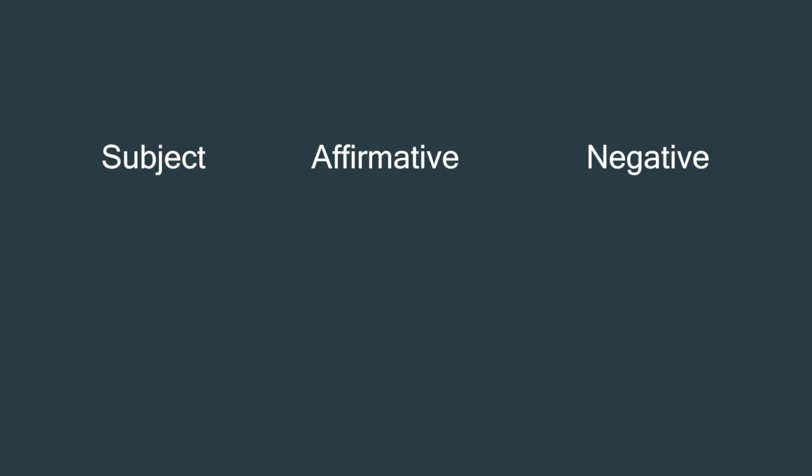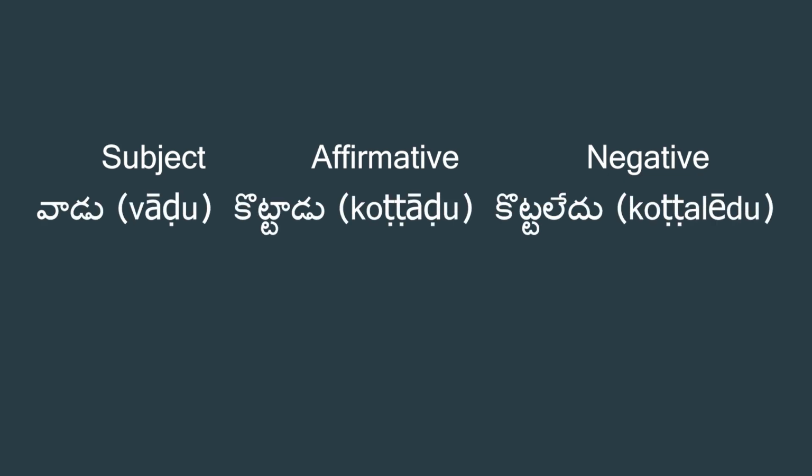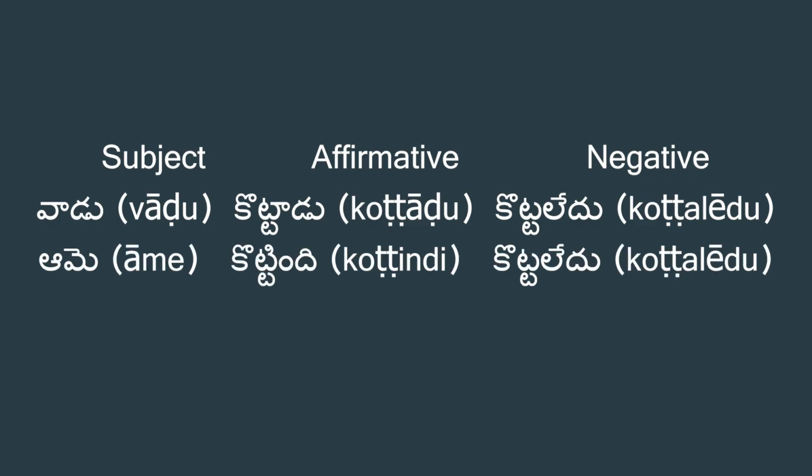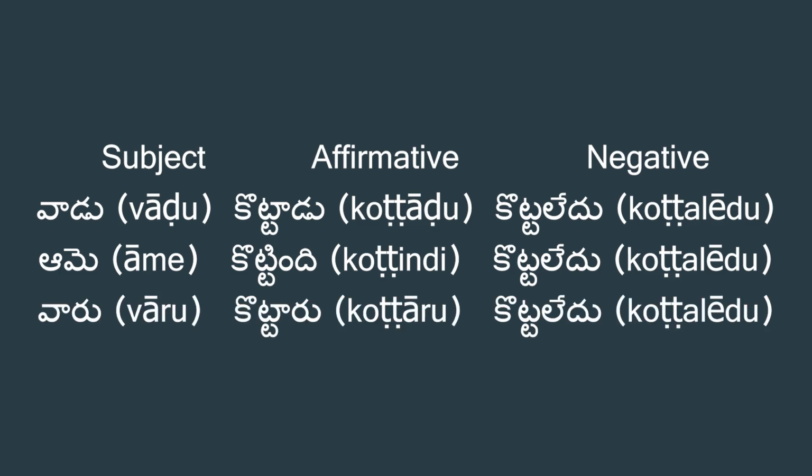In Telugu, negative past constructions generally use the auxiliary ledu after the verb stem. This form usually remains the same across genders and persons. See the related examples. Subject, affirmative and negative. Vaadu kottadu, kottaledu. Aame kottindi, kottaledu. Vaaru kottaru, kottaledu.